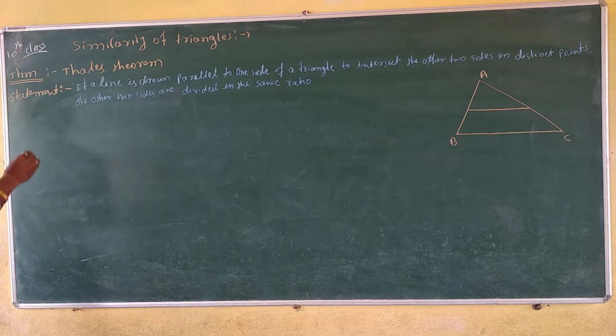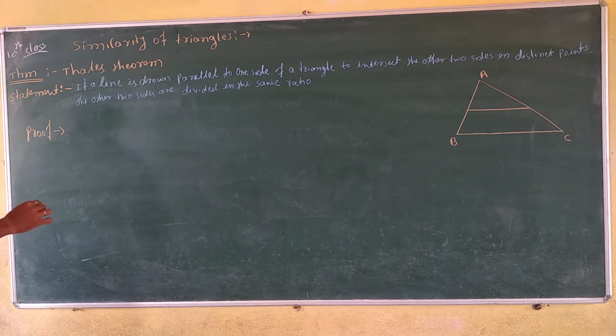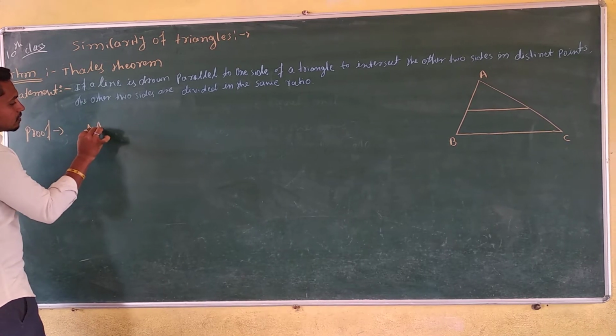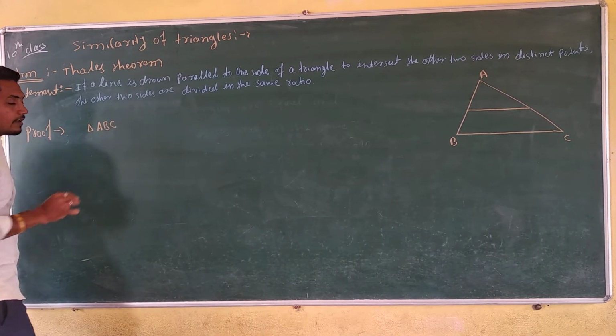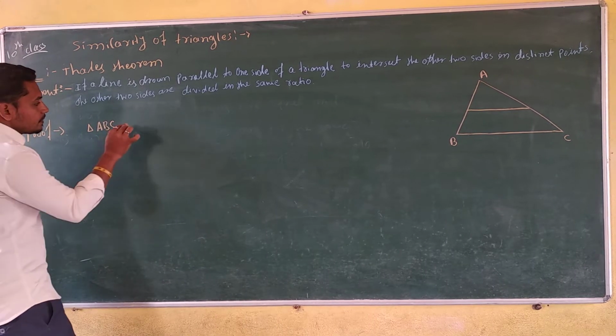See here. Proof. We have to prove. Triangle ABC.